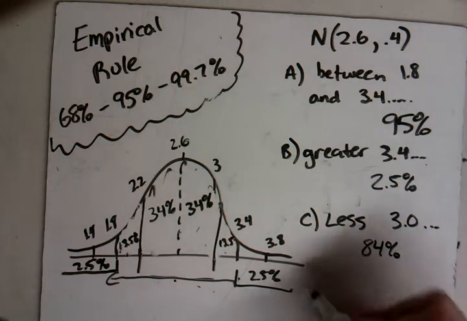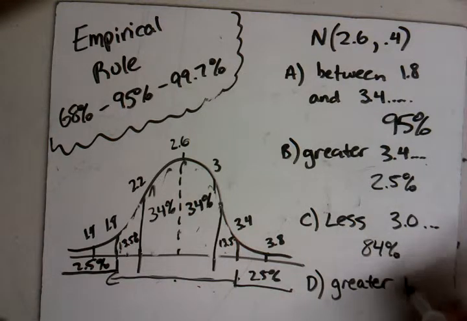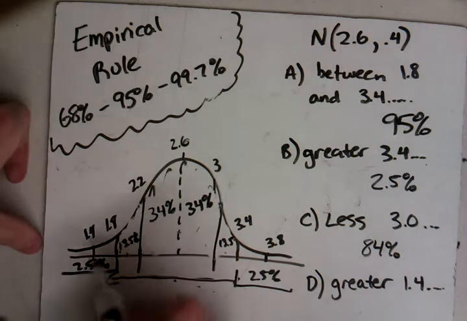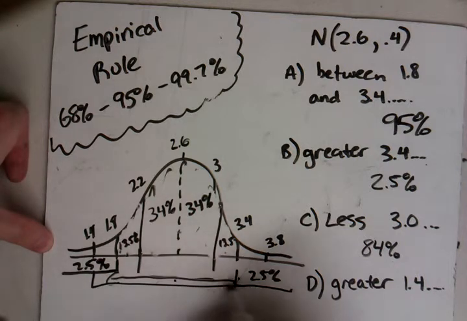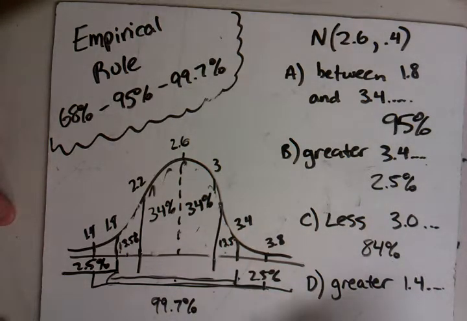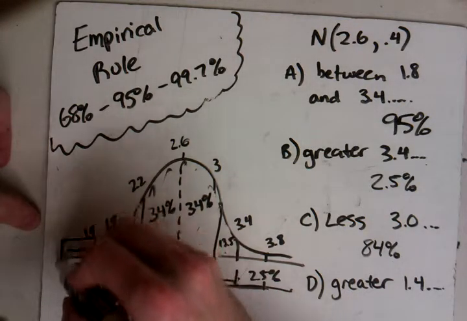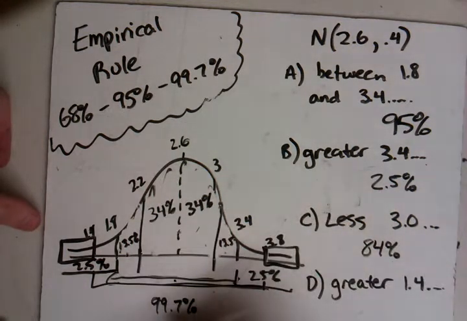And the last question asks for bigger than or greater than a 1.4 GPA. So 1.4 is all the way down here. We said that this would be 3 standard deviations away. So this section here at 3 standard deviations is 99.7% of the population, which means that the part that's outside of that, this section here and this section over here, if you add those together, that should be the other 0.3% that we're missing.